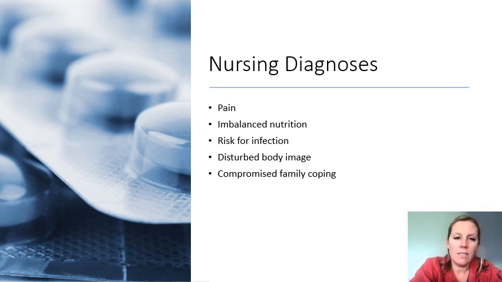Risk for infection, definitely with the immunosuppressive agents. Disturbed body image can be a big one, especially with your older kids, as well as compromised family coping related to the disease process, long-term chemo regimen, whichever the causative agent is.